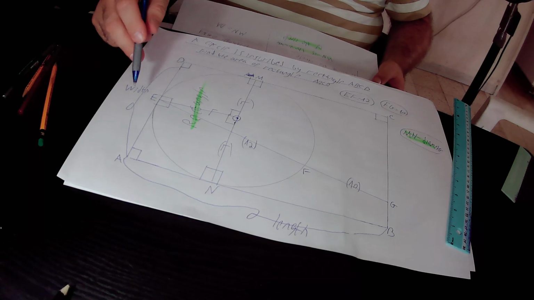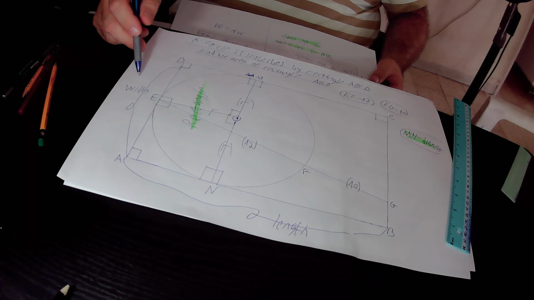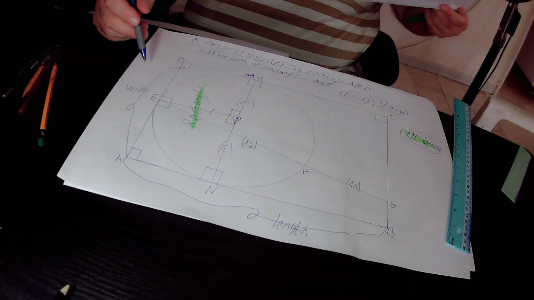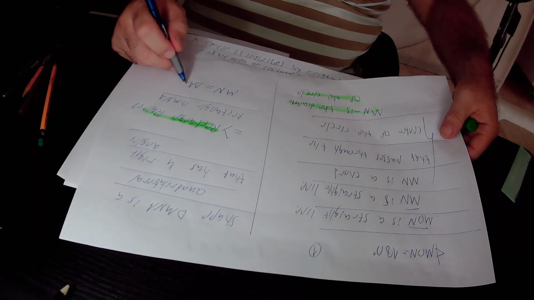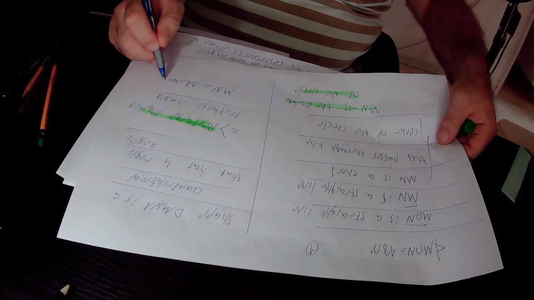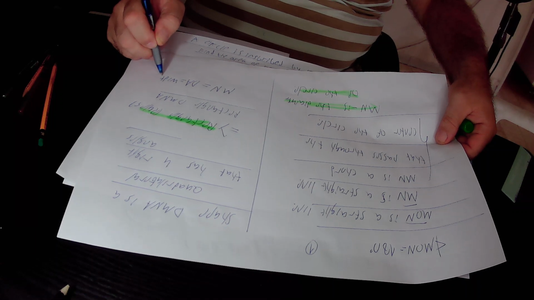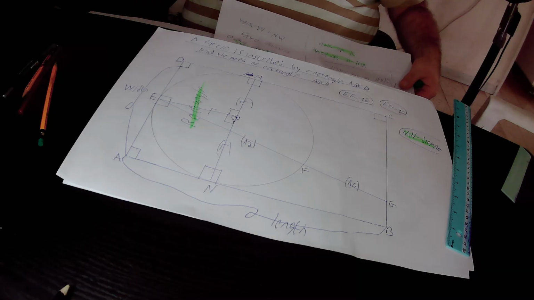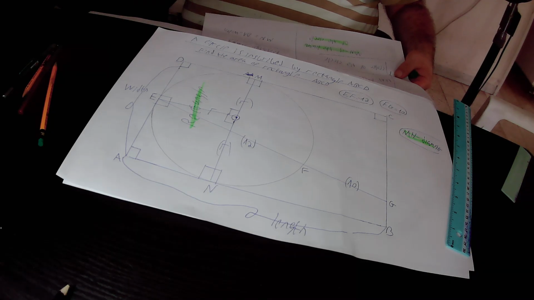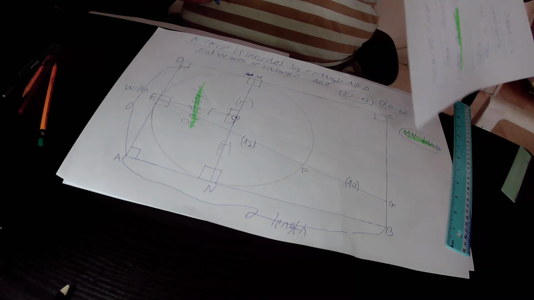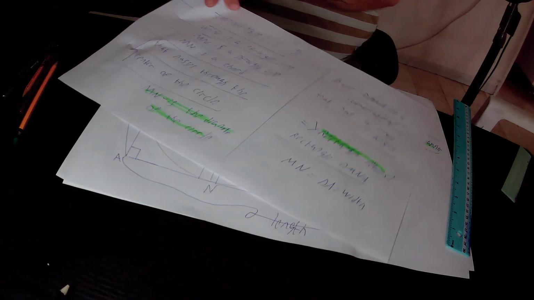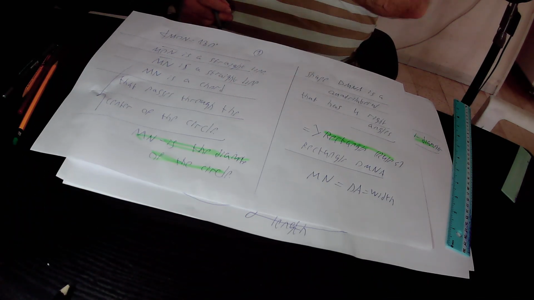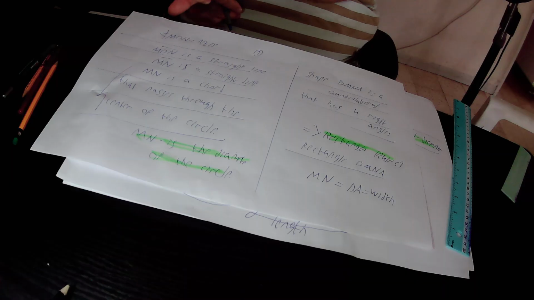But DA itself is the width of rectangle ABCD. And we also find out that MN is the diameter of the circle.